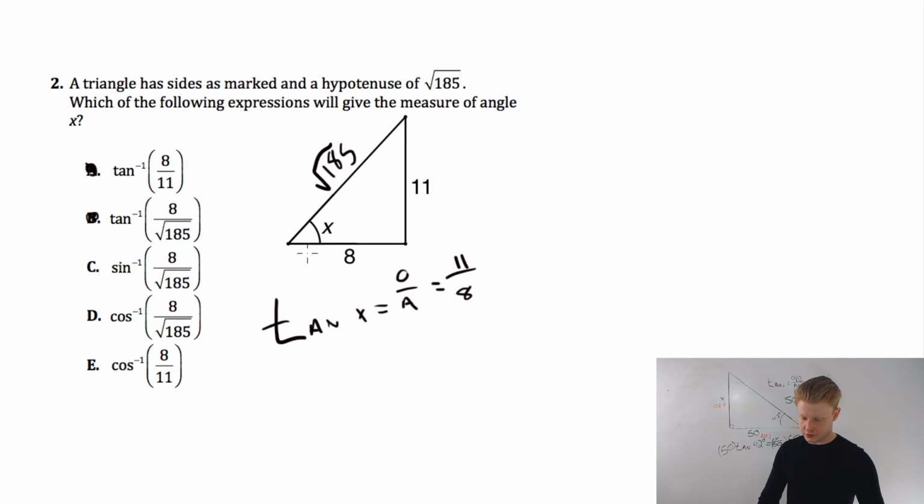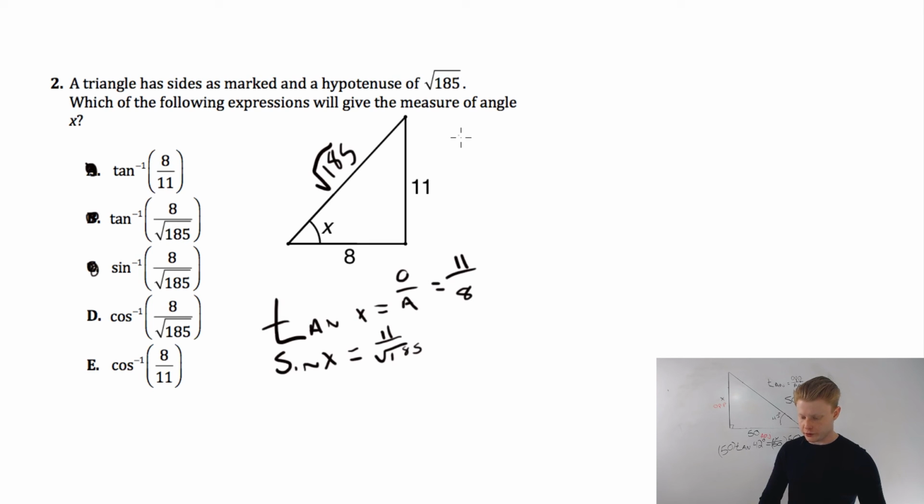Let's look at C. Sine is 8 over square root of 185. Well, I know the bottom's right. Sine of x, but opposite is 11, right? So 11 over square root of 185. That's not right. That's our only sine answer. If I was clever, I would have checked cosine first, right? Let's look at cosine. One of these has to be right.